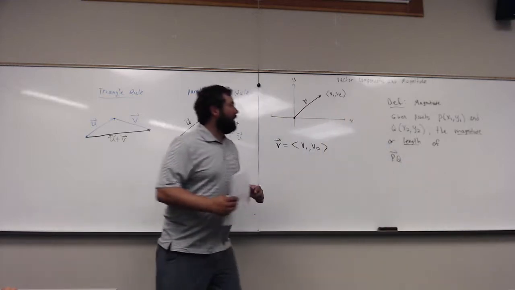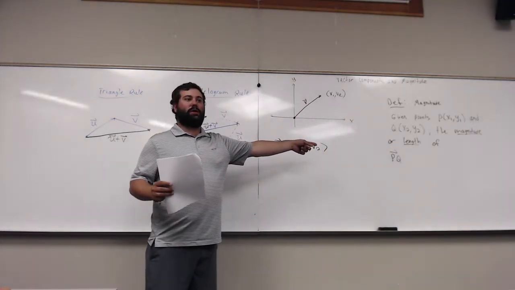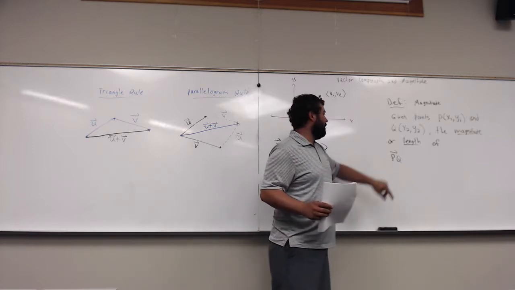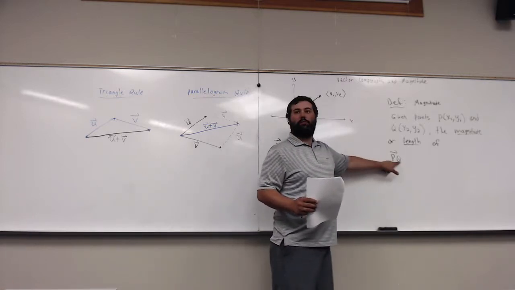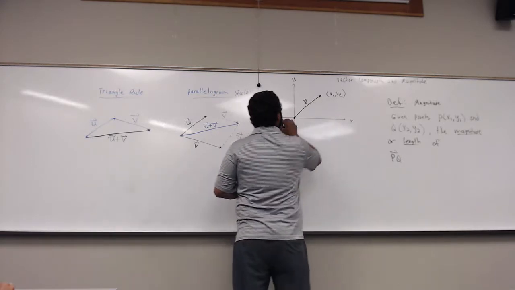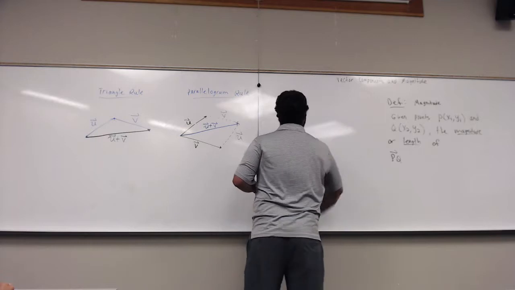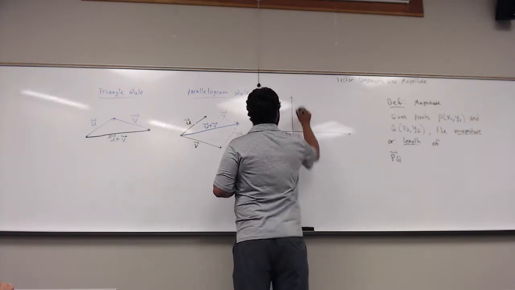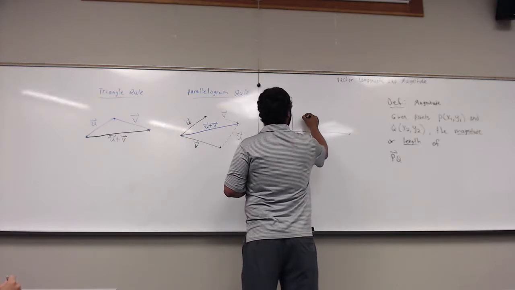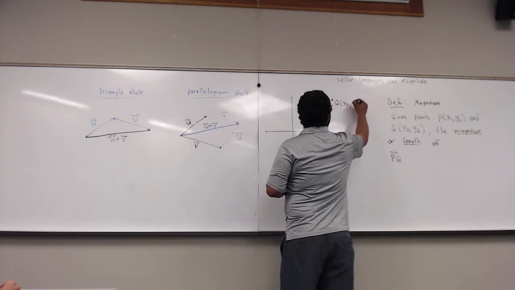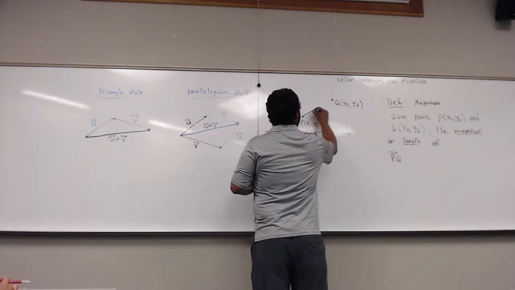So first of all, I have to tell you what the components of the vector PQ are. This is the vector that starts with its tail at the point P and then has its head at the point Q. So let me draw a little picture here. Say here's the point P, has coordinates x1, y1. Up here, I have the point Q with coordinates x2, y2.